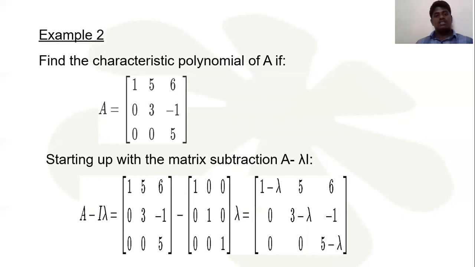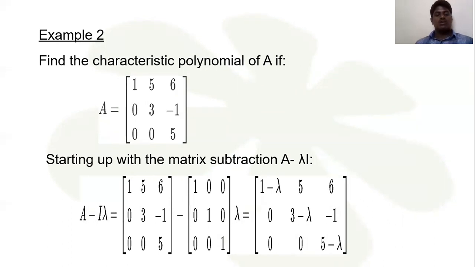This is an example of how to find the characteristic polynomial of a 3 by 3 matrix with the formula determinant of A minus lambda I equal to 0.